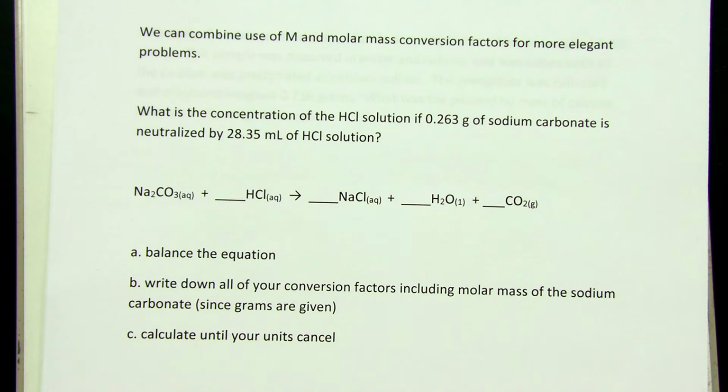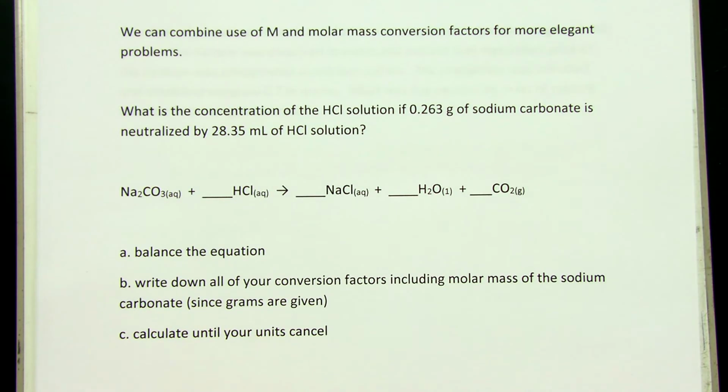Now, as we progress, we want to get fancier and fancier as we're going along. So the next problem is going to combine molarity as a conversion factor for one of the items of interest and molar mass as a conversion factor for the other item of interest. So these get a little more elegant problems, and you have to really think about where am I going and what do I need to get there.